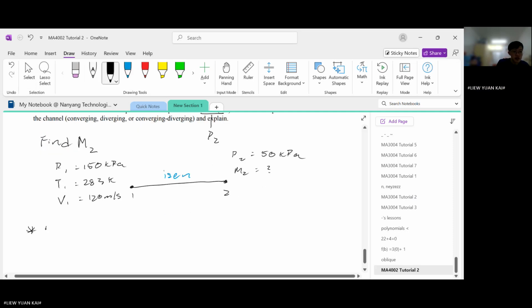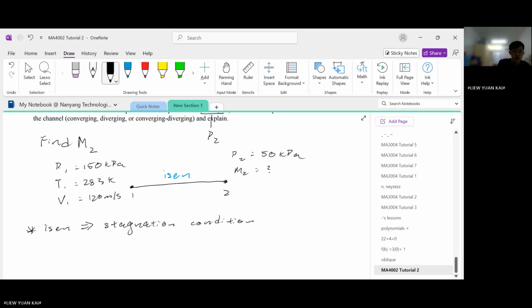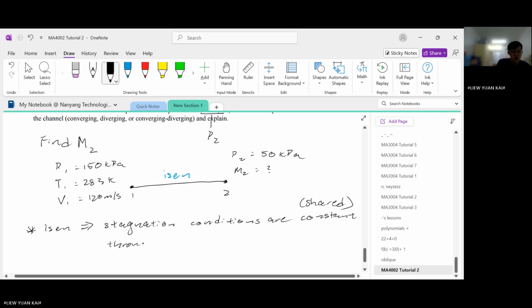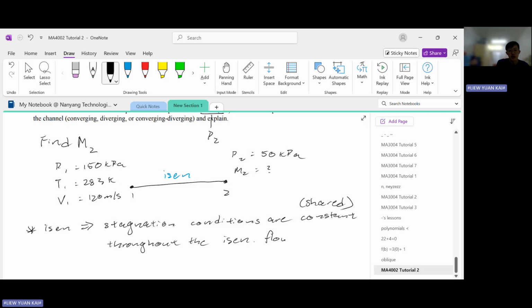For isentropic flow, stagnation conditions are constant. Or in other words, you could say they're shared throughout the isentropic flow. So what does that mean?